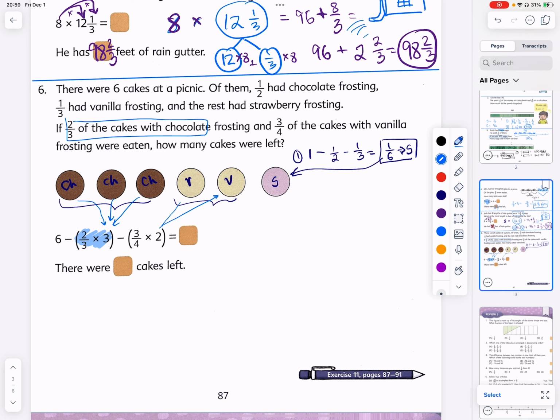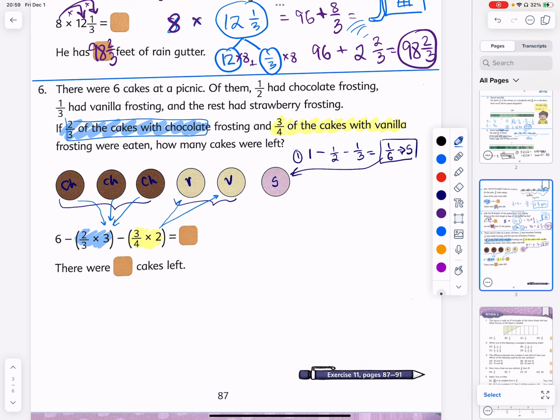And we say, well, 3/4 of all vanilla cakes. So 2/3 of 3 and 3/4 of 2 cakes were eaten. Clearly, when something is eaten, we're subtracting from 6 cakes.